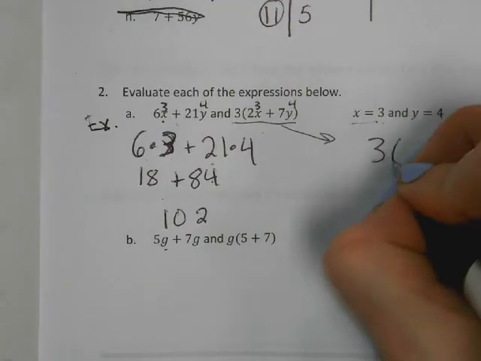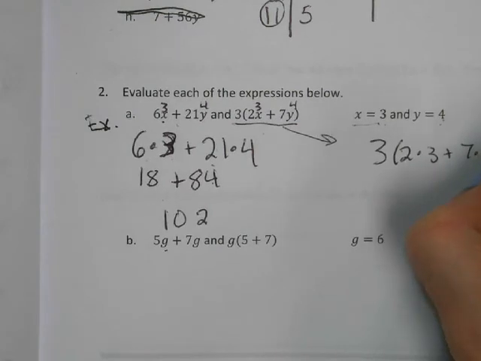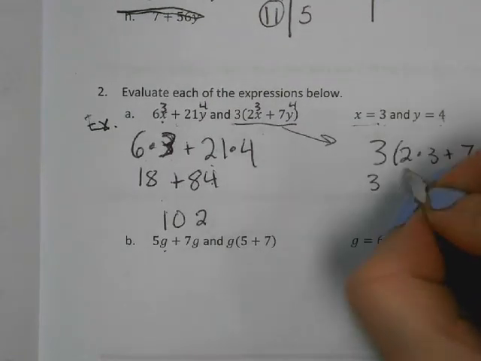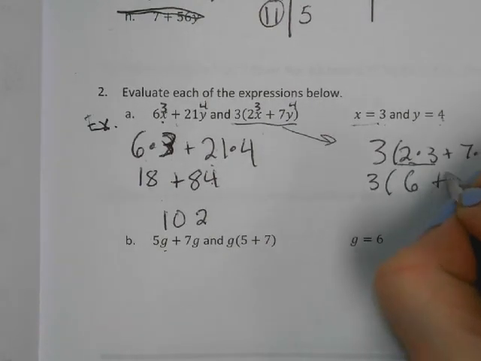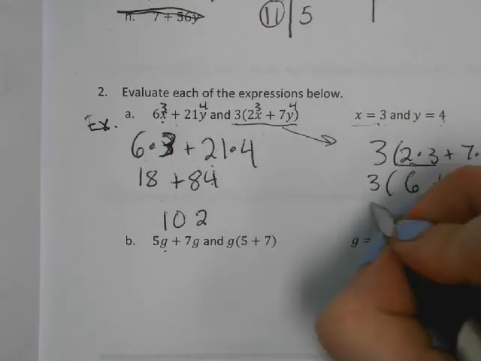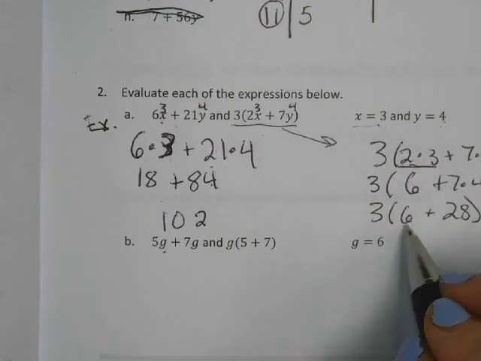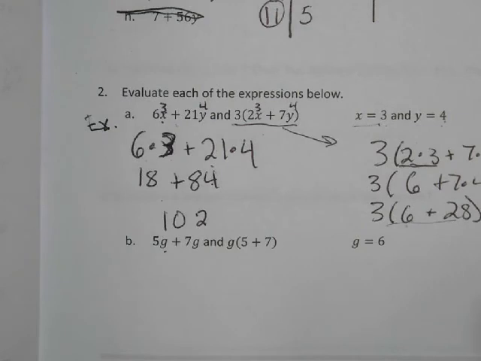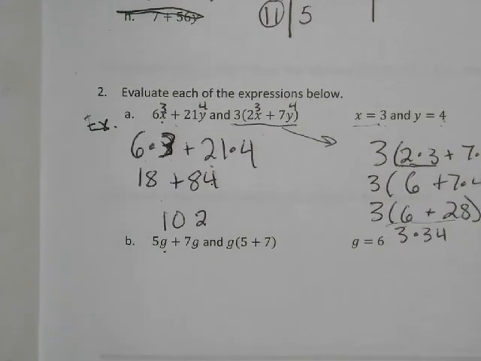So I have a 3 times 2 times 3 plus 7 times 4. So I have to solve my parentheses first. I have a 6 plus 7 times 4, and then I do a 6 plus 28, and 6 plus 28 is 34, so this is a 3 times 34.